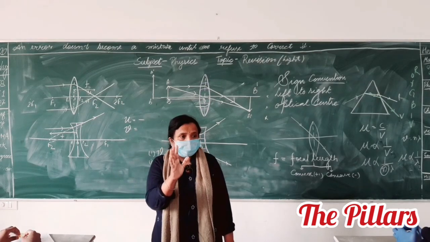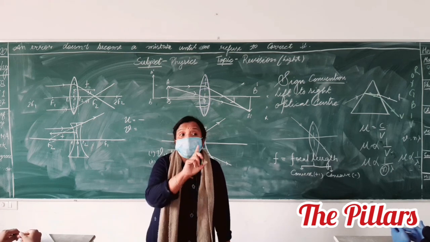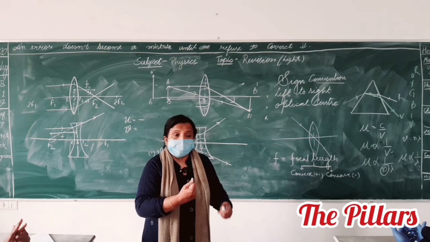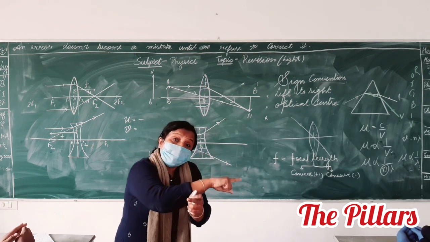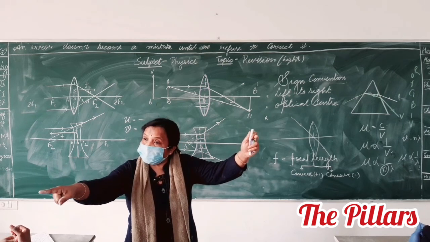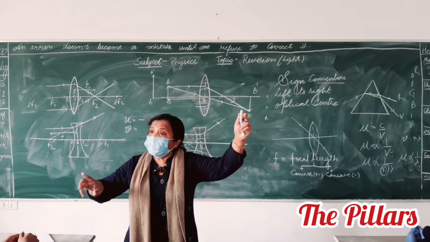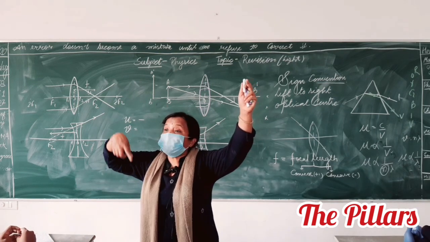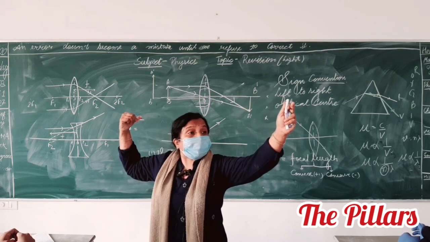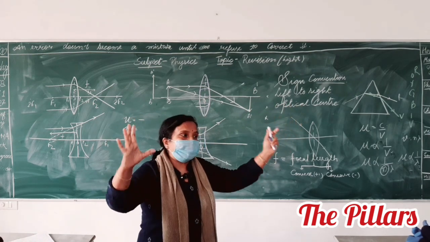When two reflected or refracted rays either appear to meet or meet at a point, this is called an image. And if they appear to meet, what type of image? Virtual. And those appearing you show by dotted lines, isn't it? And real by bold lines.